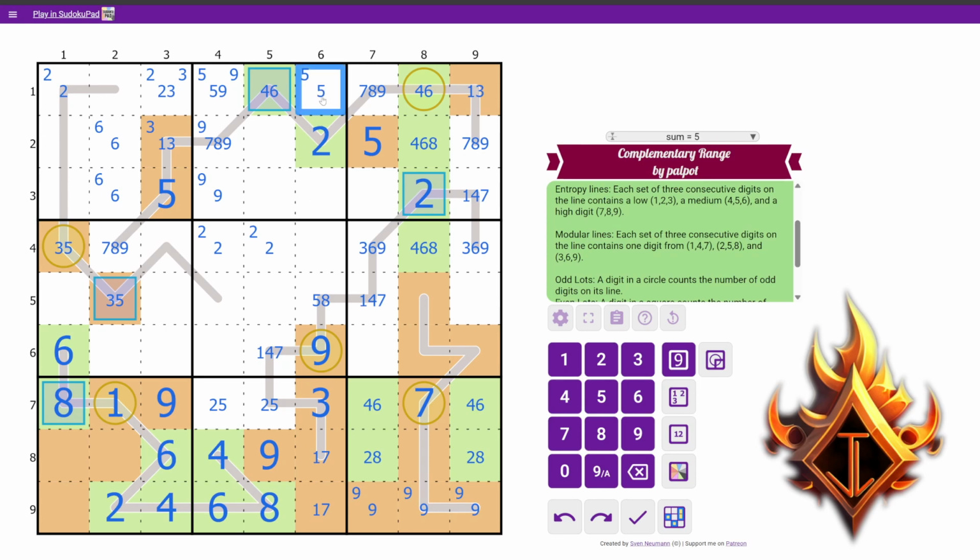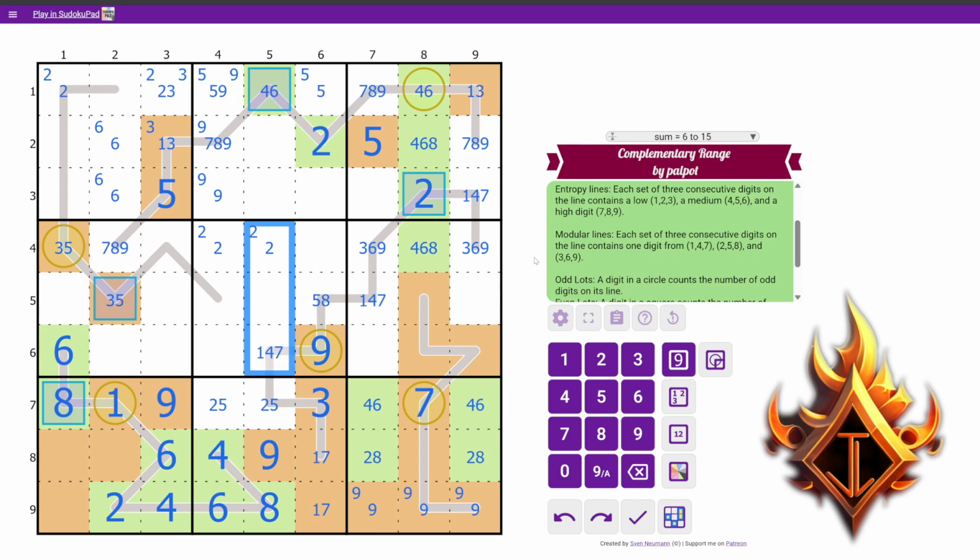If this is 5, that would be 8. These would be 4, 6. That's okay. This cell would go there. This cell would go somewhere there.